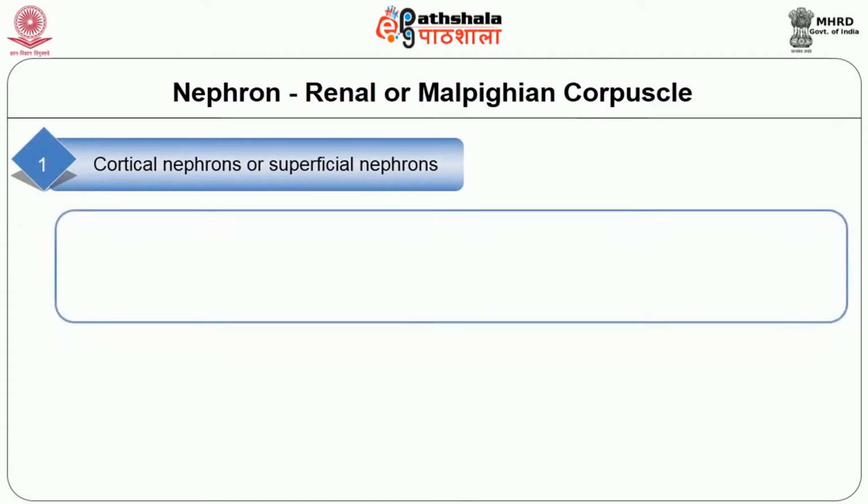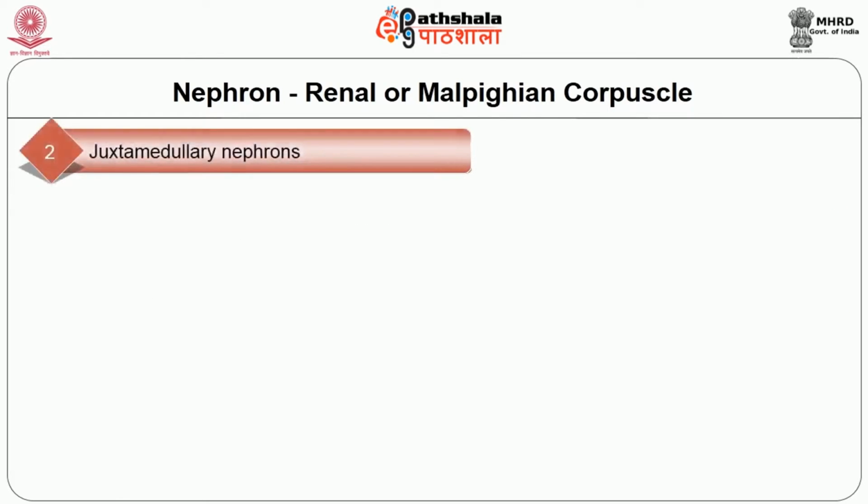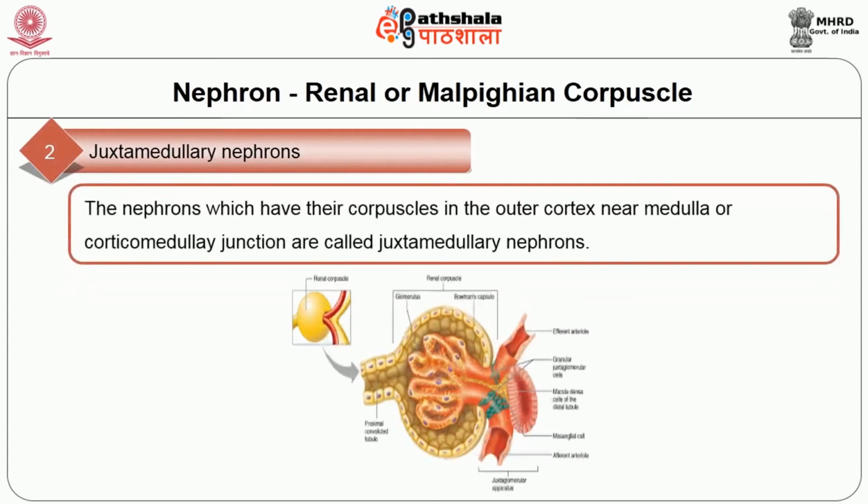The cortical nephrons have their corpuscles in the outer cortex near the periphery. In the human kidney, 85% of nephrons are cortical nephrons. The nephrons which have their corpuscles in the outer cortex near the medulla, or corticomedullary junction, are the juxtamedullary nephrons.